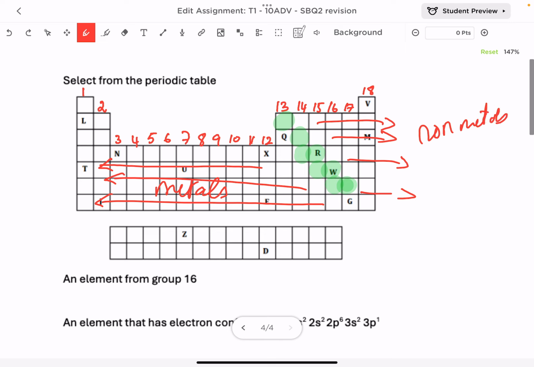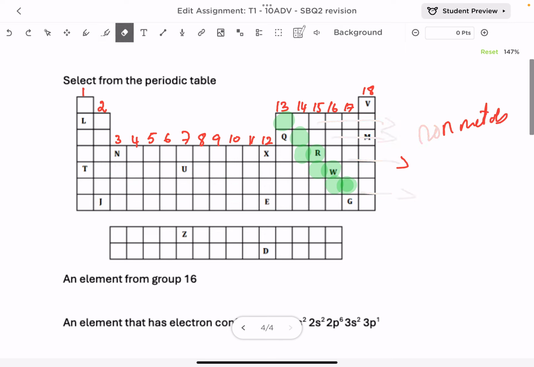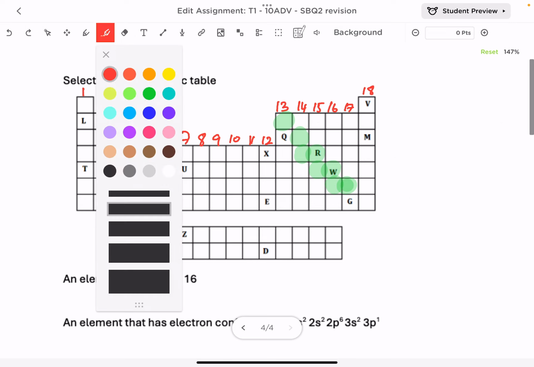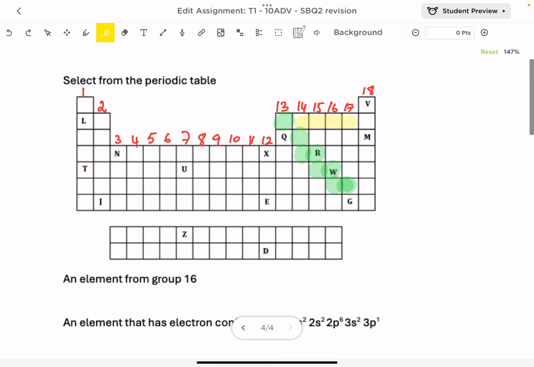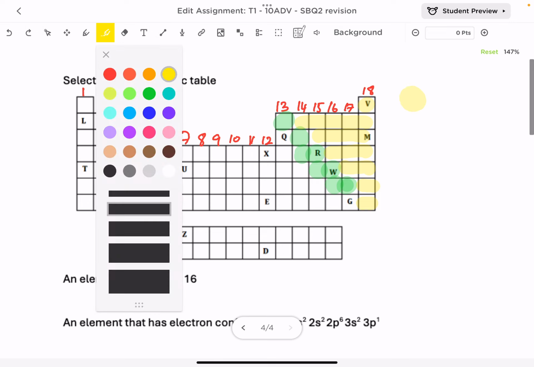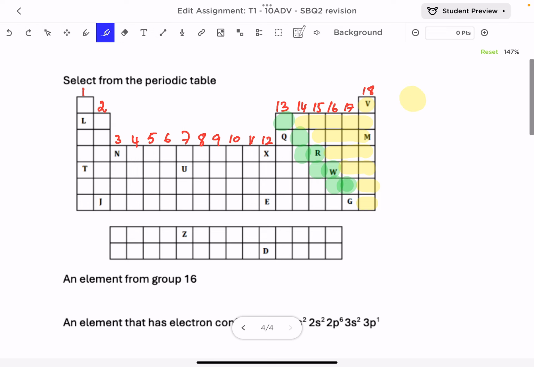Non-metals. Okay, I'm going to highlight it just to make sure that my table is clear. So I did not highlight V. It is a non-metal actually. So the yellow, the non-metals, I'll write that in a minute. The blue are the metals. I did not highlight the first box in here.